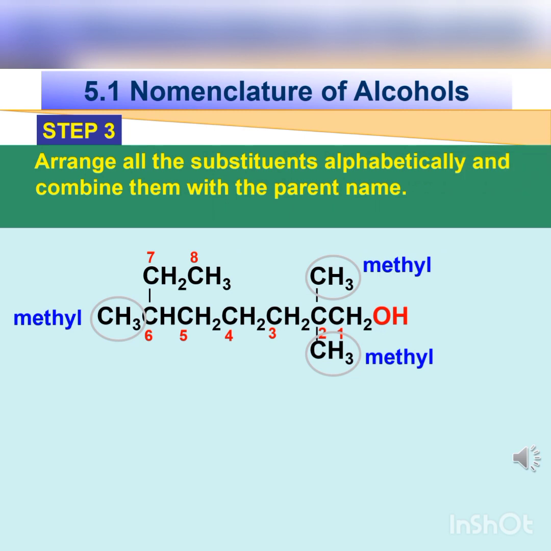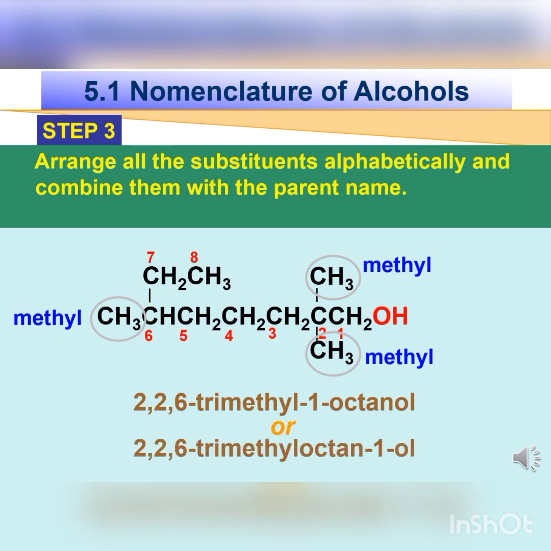And the last step, step 3, we arrange all the substituents alphabetically and combine them with the parent name. So the name is 2,2,6-trimethyl-1-octanol, or we can name it as 2,2,6-trimethyl-octan-1-ol as well.